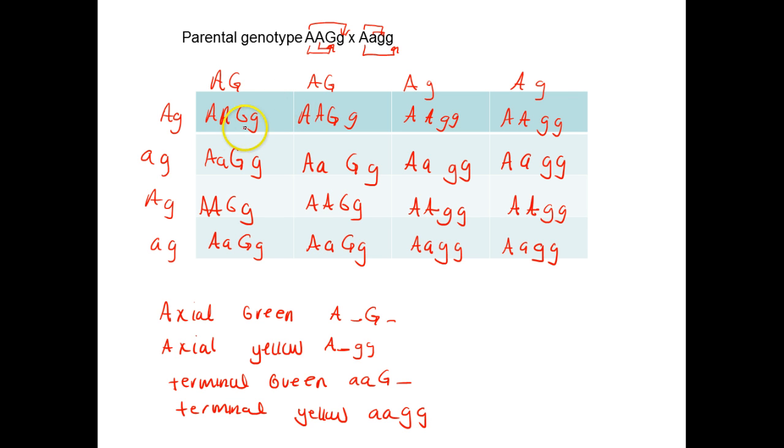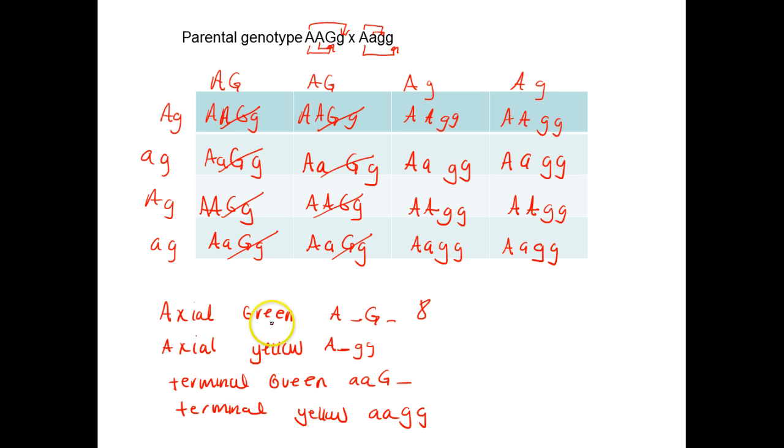So our phenotypic ratio: this is going to be axial green, axial green, axial green, axial green, axial green, axial green, axial green, axial green. That's 1, 2, 3, 4, 5, 6, 7, 8.